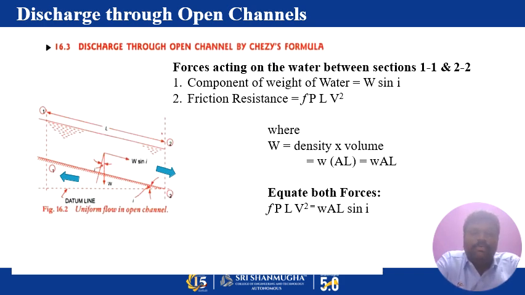W is the weight density, that is the weight of fluid, which is density into volume. The volume is the area of the channel into length, so weight is W A L. Equating these two forces, W A L sin i is equal to F P L V squared.